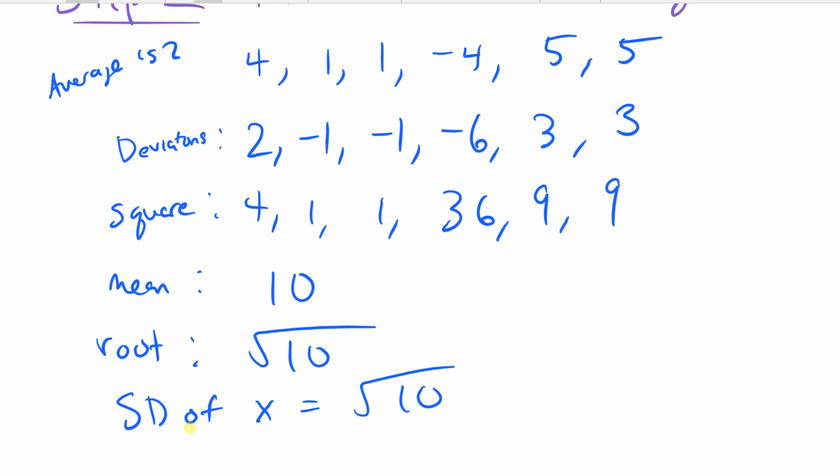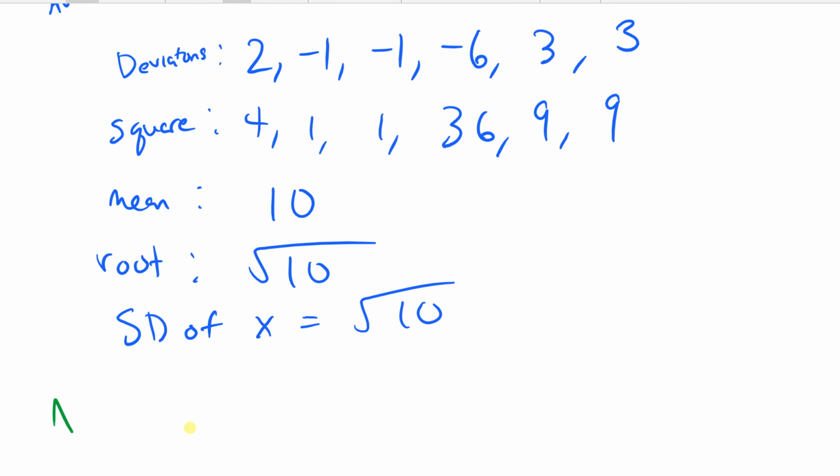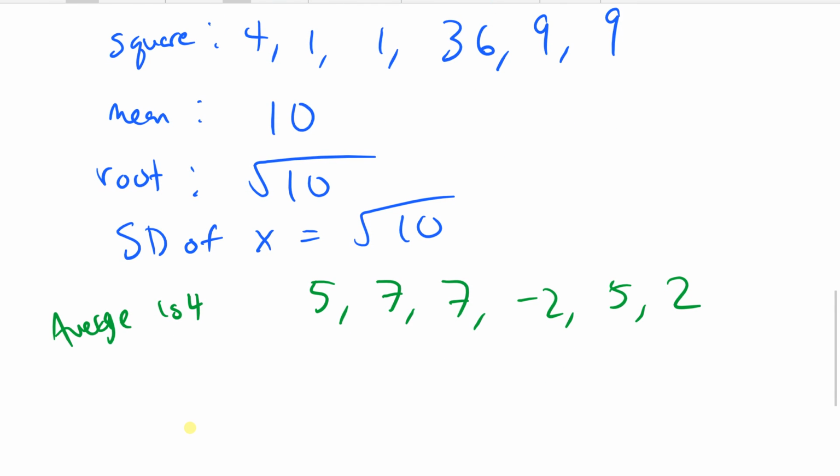Let's do the same thing for y, and once again, let's have y be green. The average of y, we calculated above, is 4. The list is 5, 7, 7, -2, 5, 2. You do not need to copy the list over. This is just for convenience.